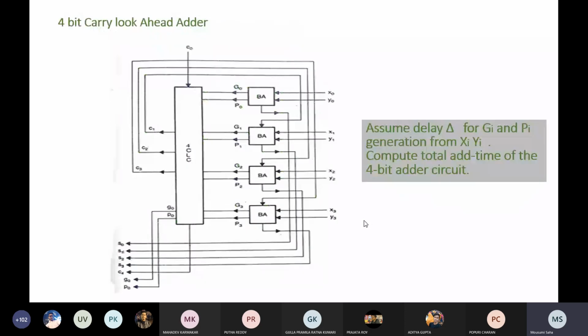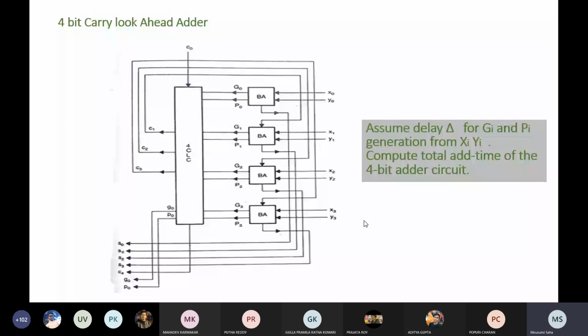Now for the 4 bit, you can give all the inputs x0, x1, x2 and x3, and y0, y1, y2 and y3. With the help of the basic adder you get all the gi and pi, that means g0, p0, g1, p1, g2, p2, g3, p3, which are the inputs of your carry look ahead circuit.